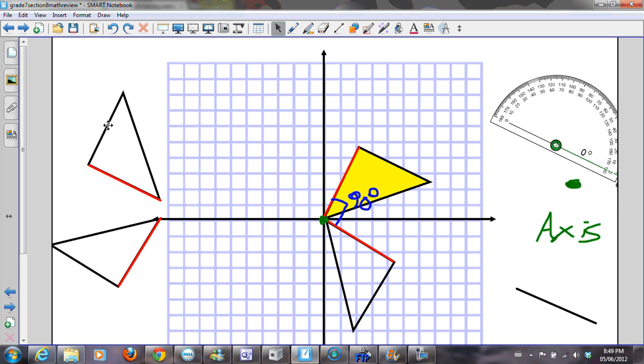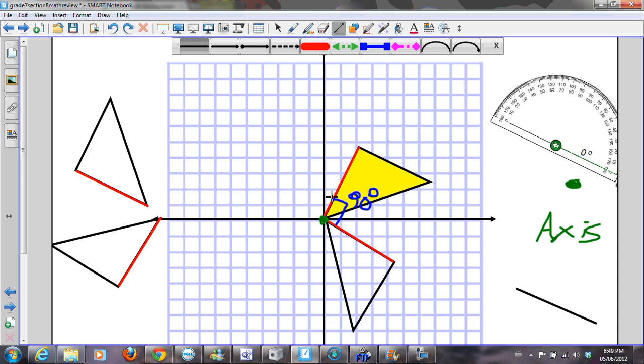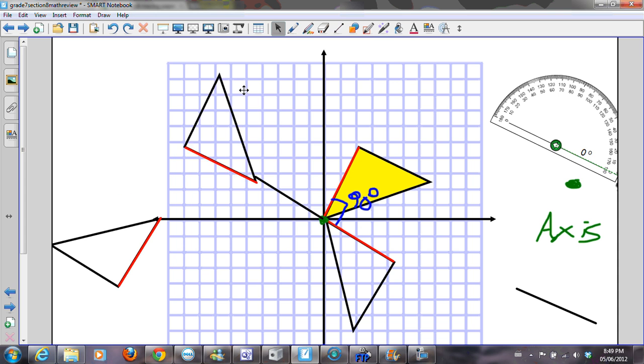Another way to go 90 degrees is counterclockwise. So I could take this exact same original, and this would be a 90 degree if we could get this line here to be 90 degrees from where it used to be. So I'm going to put him right on there. I've already got the image. So I'm going to put him on there, and that should be a 90-degree turn.